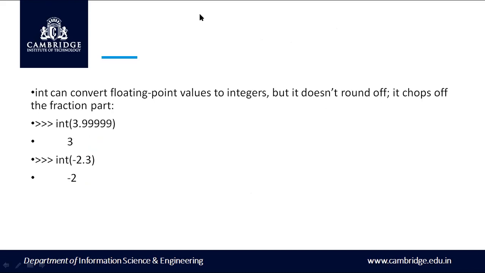And in similar examples, a floating point number can be converted to an integer by using the int function. Also, negative floating point numbers can be converted to integer numbers using the function int.